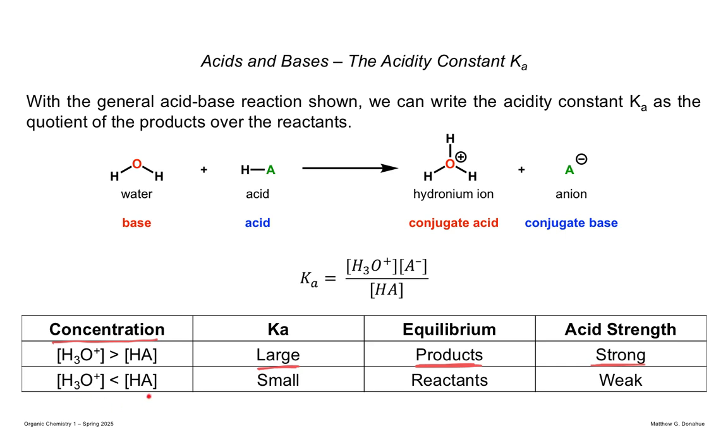If hydronium is less than HA, you get a Ka number that's small. And that's favoring the reactants, meaning that this plus that do not really go to the products that are drawn. So you favor the reactant side, and that's telling you that the acid is then weak. It's not ionizing to a great extent.